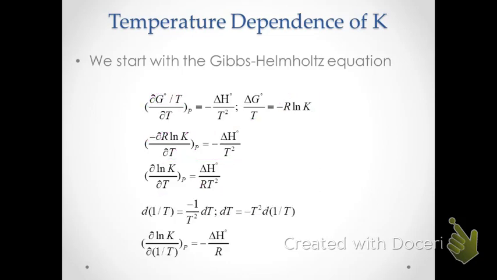We will also note that this relationship here, the derivative of 1 over T with respect to T, is negative 1 over T squared.